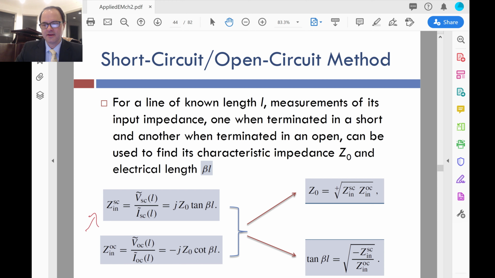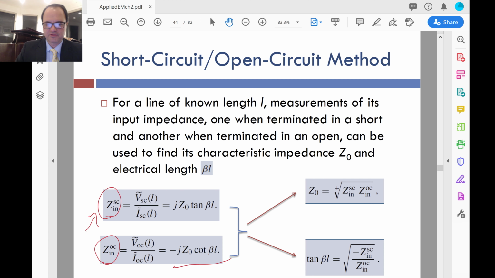You simply put your load off to the side for a moment, and you first short the leads together, and then you measure the input impedance with your network analyzer. Then you let them terminate just in air, so it's an open circuit, and you measure the input impedance of that, and this is what you get.